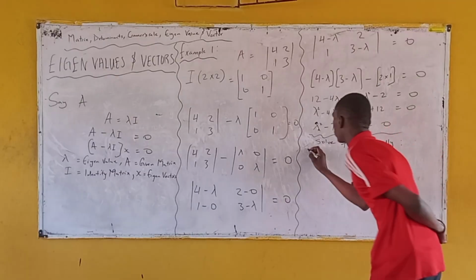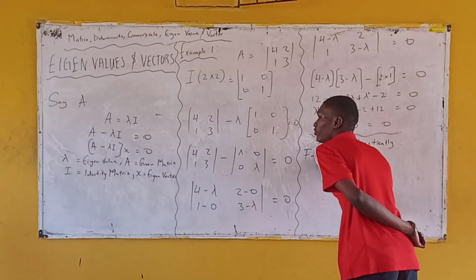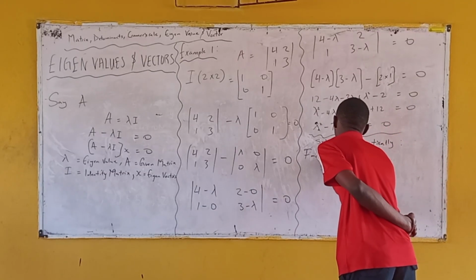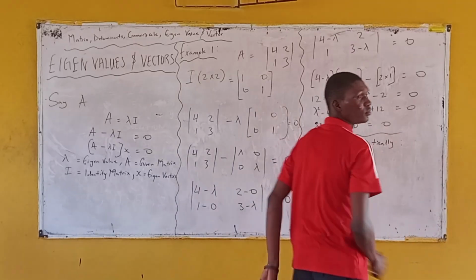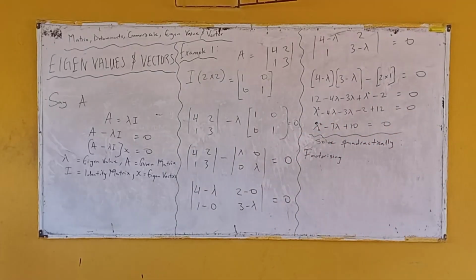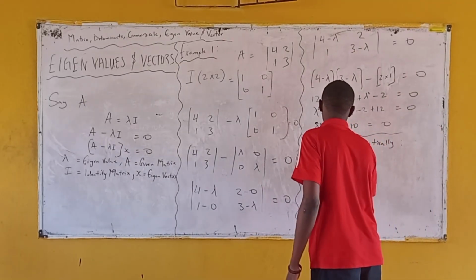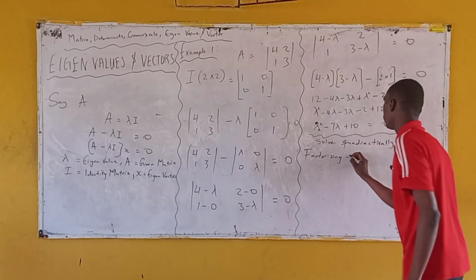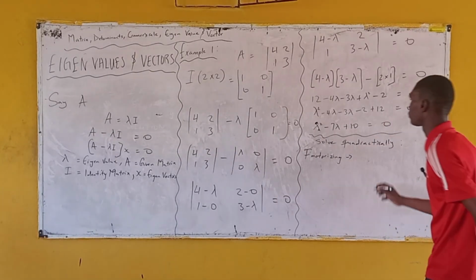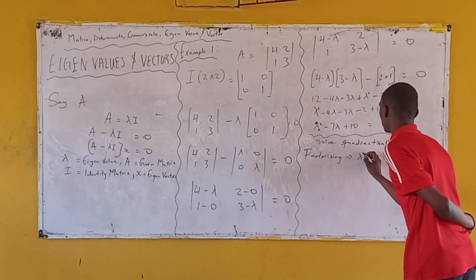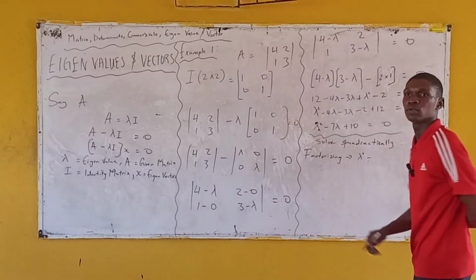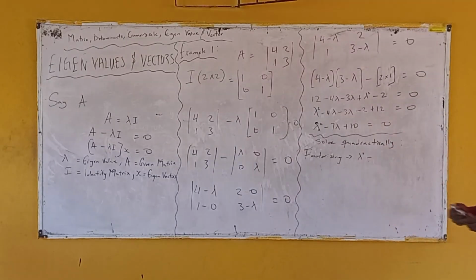So we know that, factorizing. Factorizing, we have what? When we factorize, what will it give us? Lambda square minus... How do we come about minus 2 and minus 5?